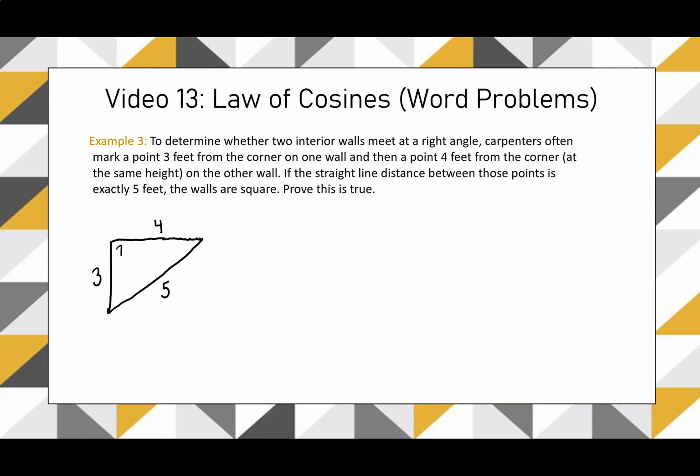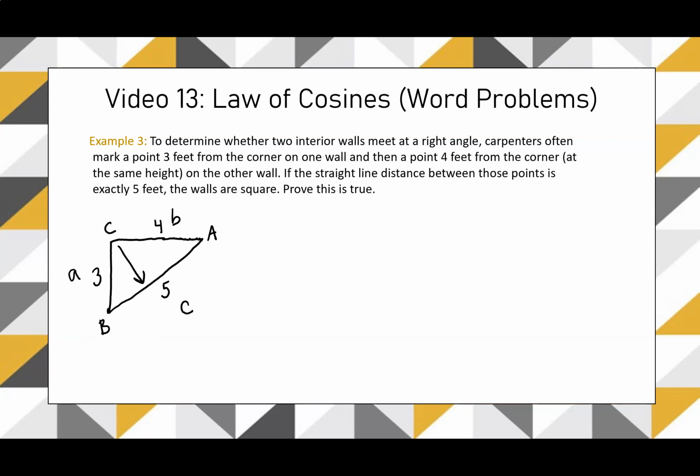And so to do that, I'm going to label my sides as A, B, and C. Okay, this is a right angle, or it could be. We've got to figure out if it is. So going across from that, we've got a C. Across from my B, I obviously have a B here, and then this is my A. And I'm trying to solve for angle C, and I'm trying to prove that it's 90.